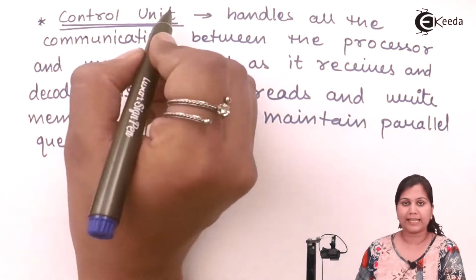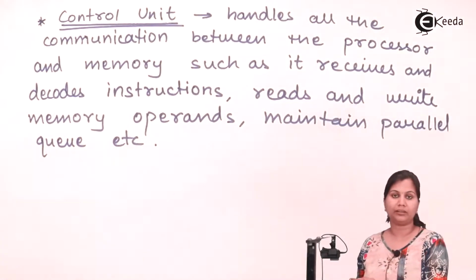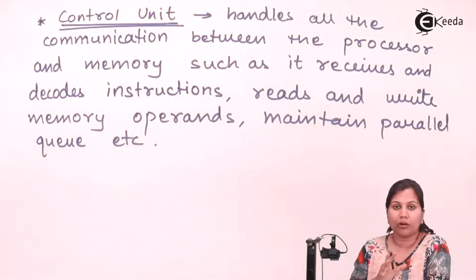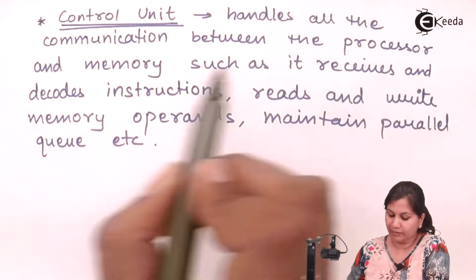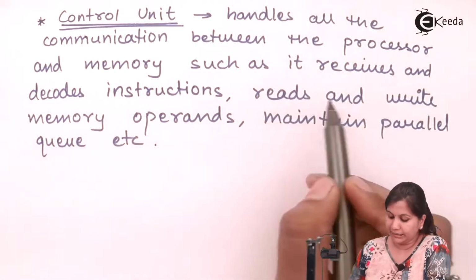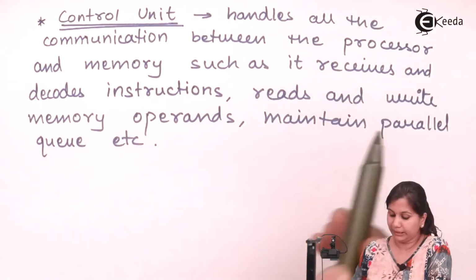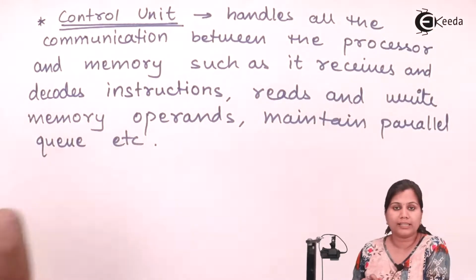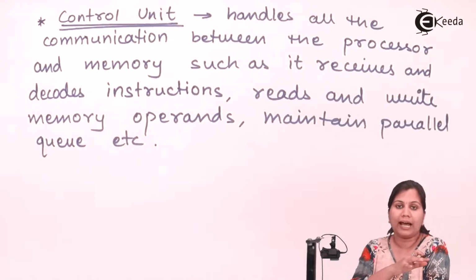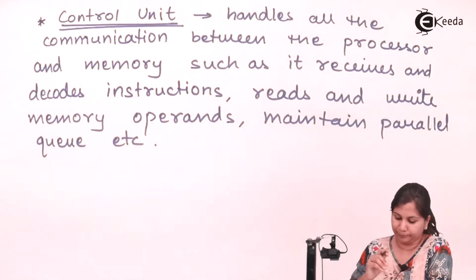So the control unit is handling all the communication between the processor and the memory of the microprocessor. Operations like it can receive and decode the instructions. Okay, it is going to receive the instruction, then decode and execute them. Read and write the memory operands and maintain the parallel queue, etc. All these functions are performed by the control unit. So the control unit is controlling the communication between the microprocessor and the coprocessor.